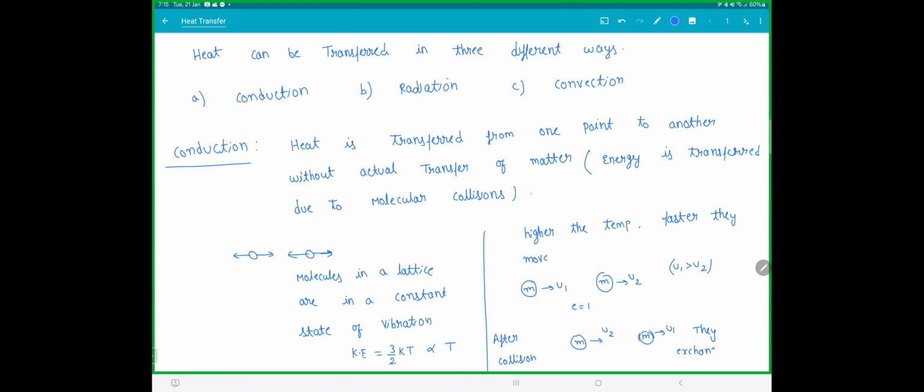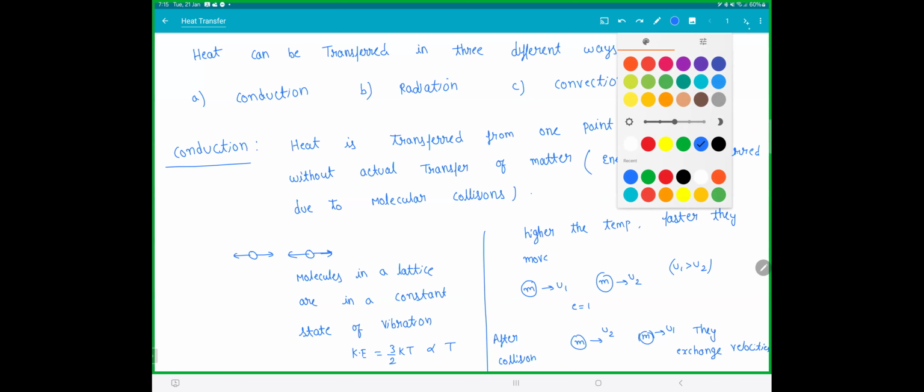This is what actually happens when you touch a hot body. When you're touching a hot body, the molecules of your finger are vibrating at a slower rate, and the hot body molecules are vibrating more rapidly, right?